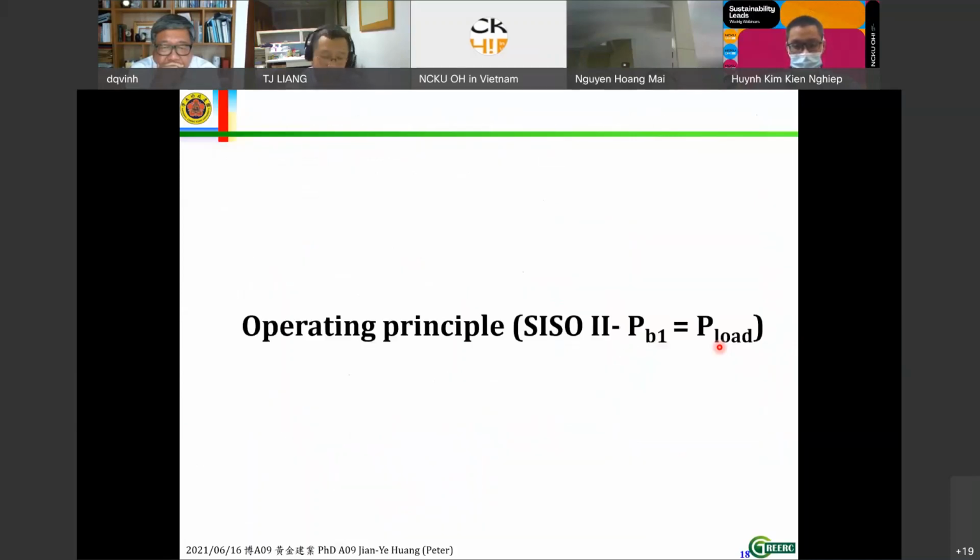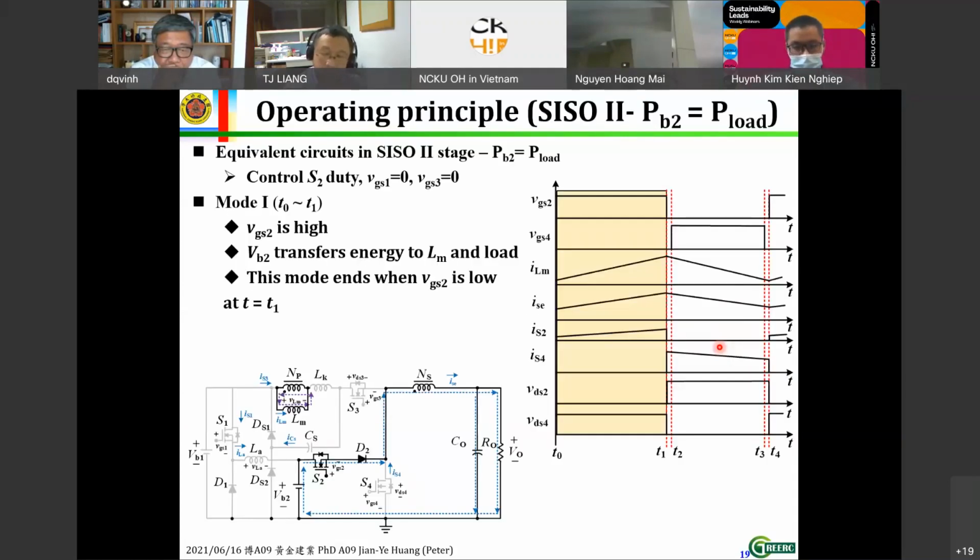Okay, the next mode is the SISO 2 mode, when the energy from the battery transfers to load. This mode usually happens at night time when your PV panel has no energy, so only the battery transfers energy to load. The control trajectory is we control the switch S2 here, and let VGS1 and VGS3 equal 0.